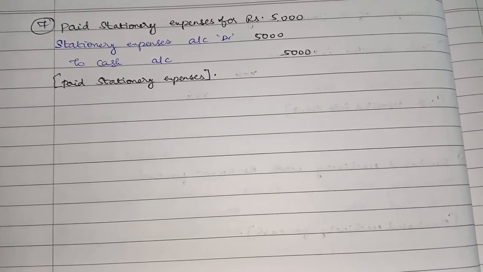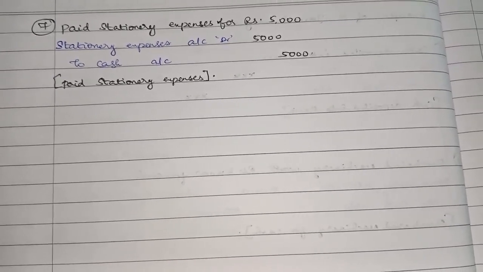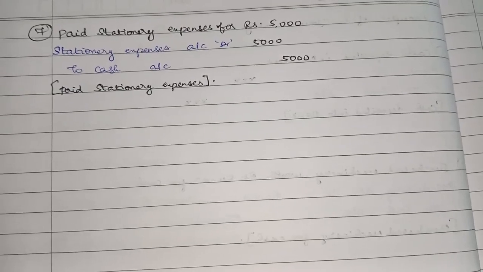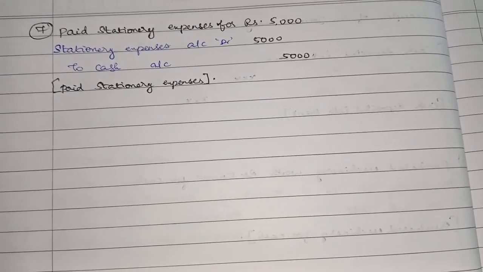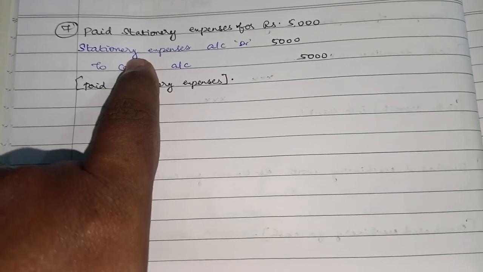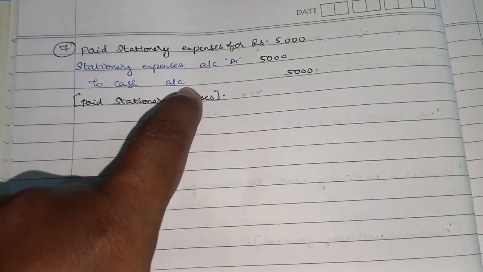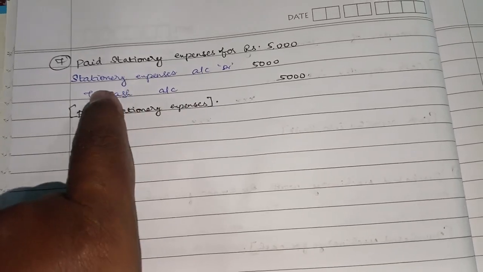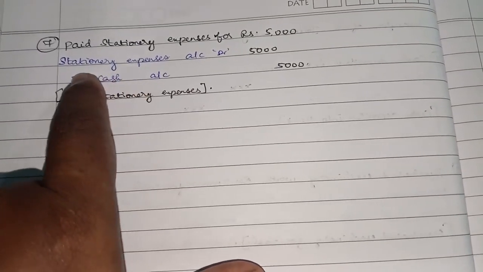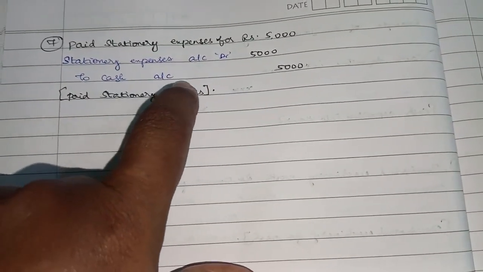Whenever a transaction is mentioning some expenses, the journal entry should debit the expenses and losses. So stationery expenses account debit, since it is an expense, it should be debited, to cash account. For all the expenses and losses, that should be debited only. So stationery expenses account debit to cash account.